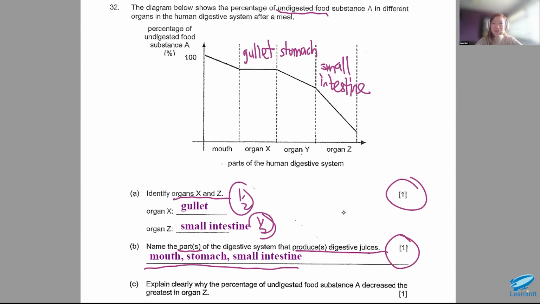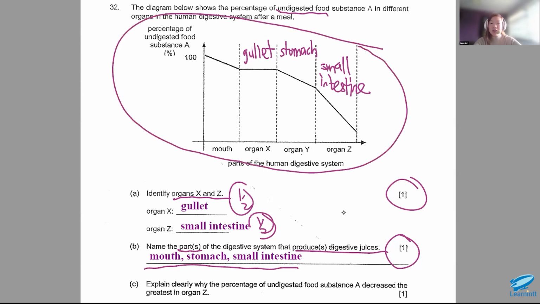All right, a bit tough, I understand. But because you have already figured out what is going on in the graph over here, question B is actually a giveaway mark. So the main thing is always to identify what is in the graph, what is in the table, or what is going on, and you get the mark very easily.